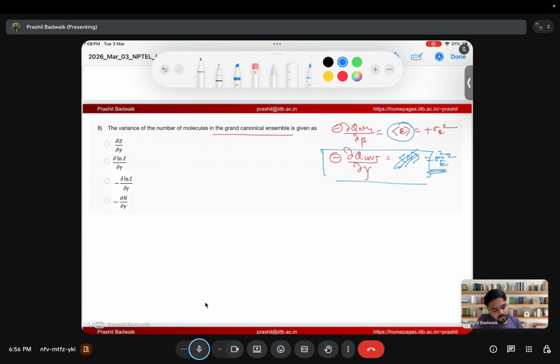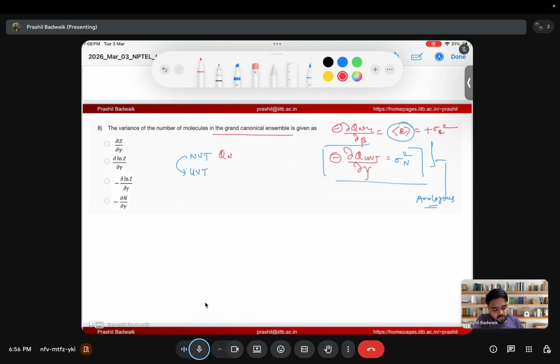Both are analogous. See, when we have NVT, here it is μVT analogous.